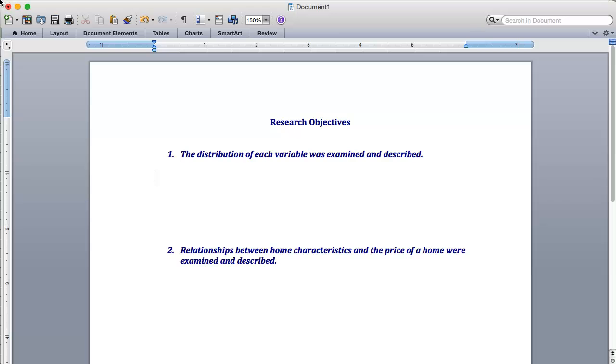So instead of thinking about these activities as separate individual problems, we really want to see this as one analysis of the data set. So mainly we have two specific research goals or objectives. The first is simply to examine the distribution of each variable, okay, and to describe what we see.